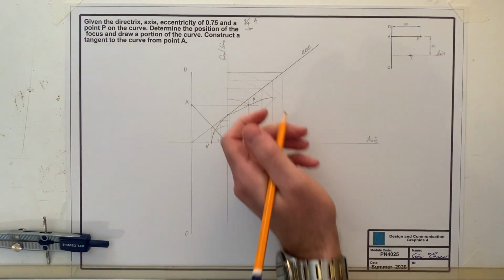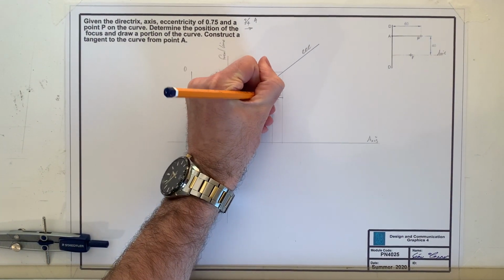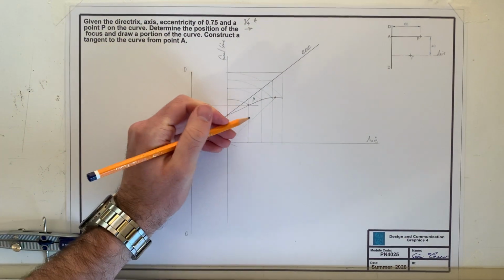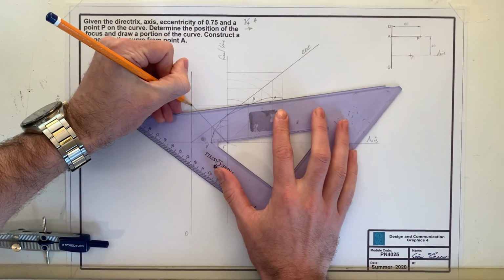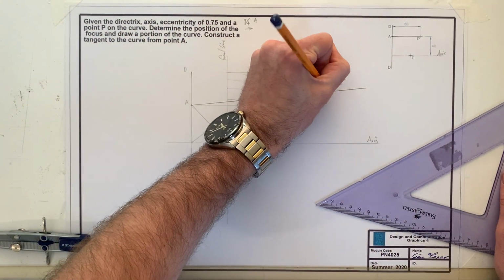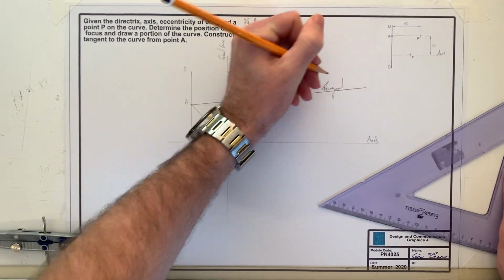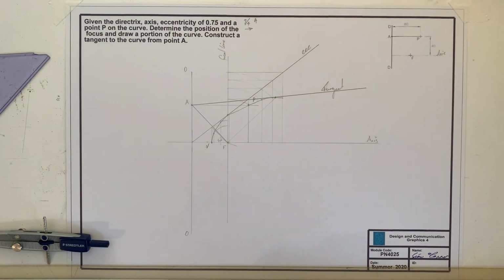So extend this on, and now I have where it intersects here. That's going to be the point which I can join back to A and extend for my tangent. Like so. And that is your question then completed.